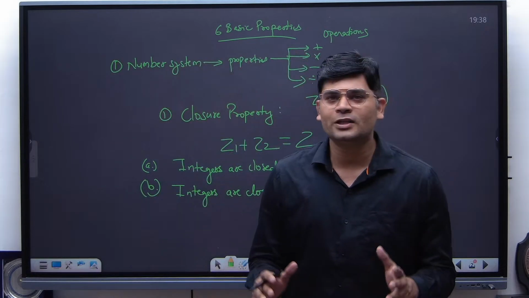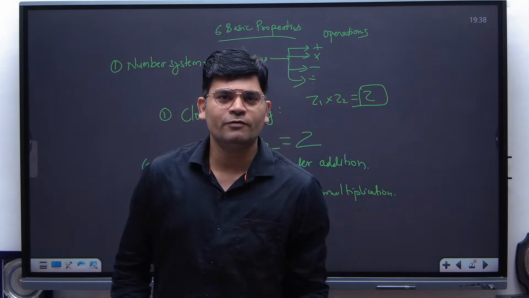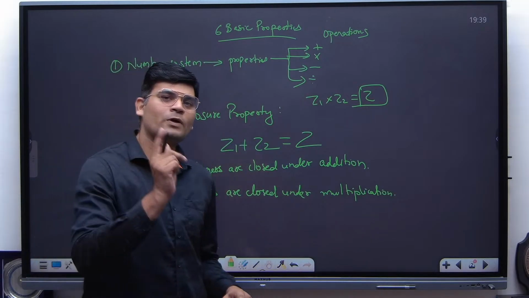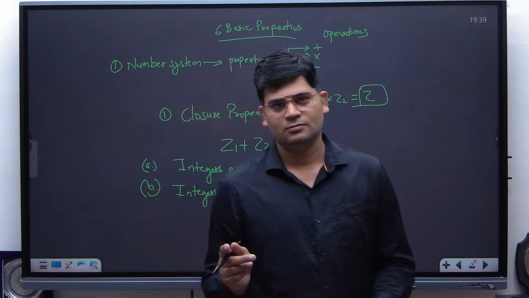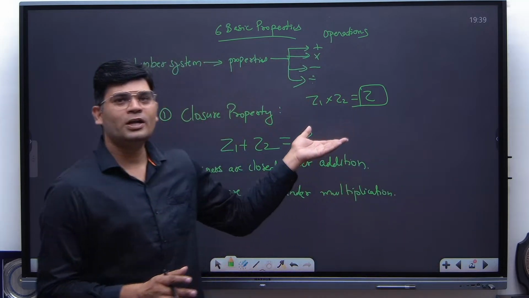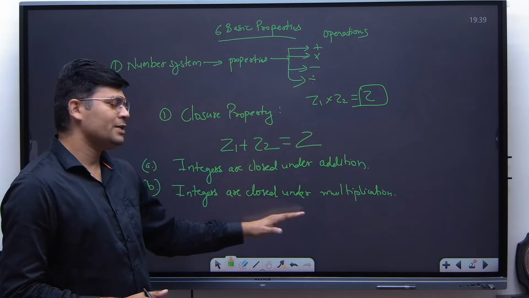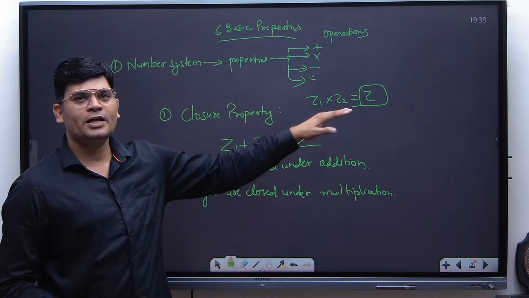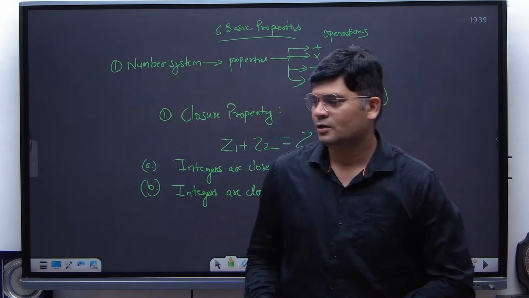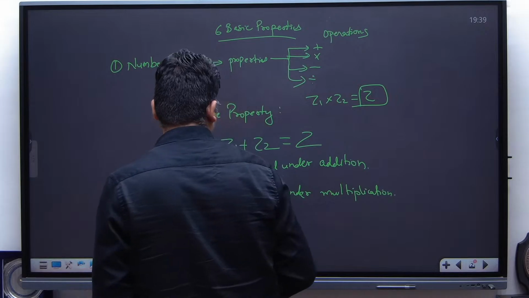Suppose you want to prove anything wrong, you just need to give one example. If I say anything is right, you just need to give one example to counter it. Are you getting it? Just one example. Since you don't have any example, whatever I am saying is correct. You take any two integers, you multiply them, you will always get an integer. Let it be 0, positive, negative, any integer.